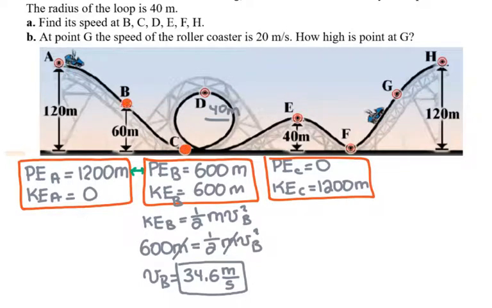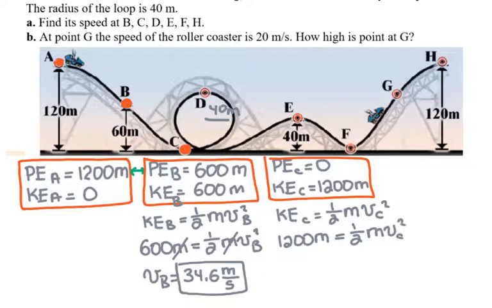So we did A, we did B, and now we're at C. The kinetic energy at C is 1/2 m v at C squared. So I have 1200 mass equal to 1/2 m v C squared. The masses cancel, so v at C is equal to the square root of 2400. I get 48.8. I'm going to round it to 49 meters per second.